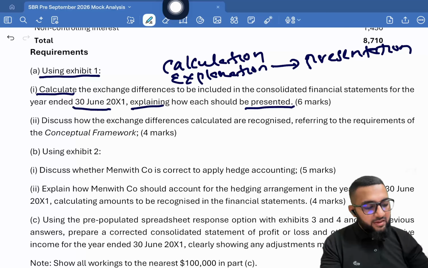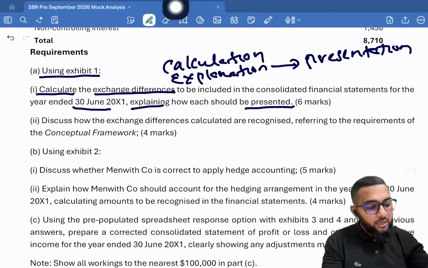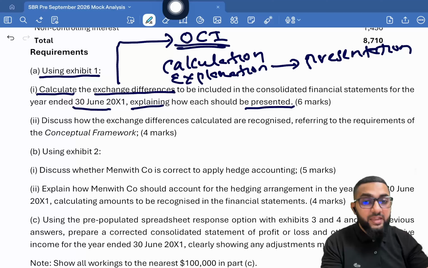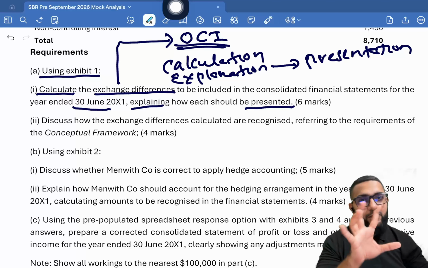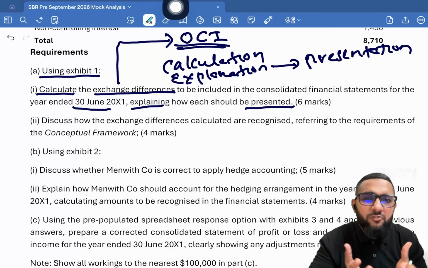So when there are exchange differences in a consolidated financial statements or group accounting, you need to understand that there will be an OCI component that will play an important role, because any exchange gains or losses arising as a result of the foreign operations will be parked under OCI, which will be reclassified to profit or loss later on. That should be the concept that you should be recalling.